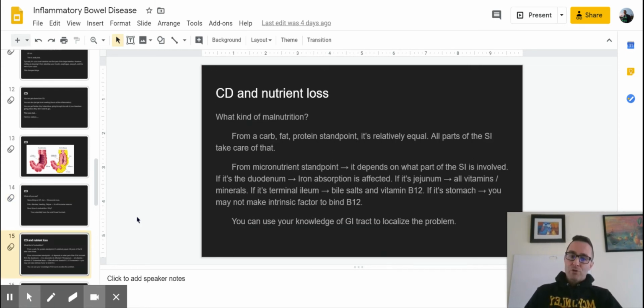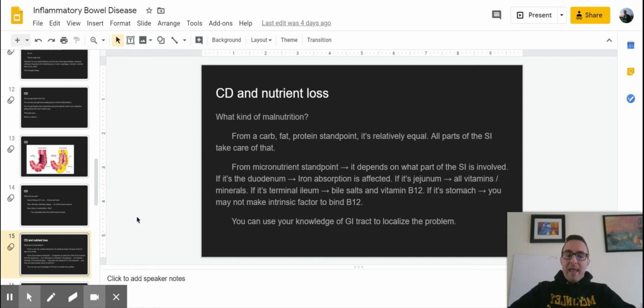So what kind of malnutrition can you see? It's going to vary a little bit, but carbohydrates, fats, proteins. If your jejunum is knocked out, that's the part that does the major part of your nutrient absorption. So if your jejunum is not able to function, you're going to have a hard time absorbing fatty acids, glycerides, amino acids, small peptides, glucose.